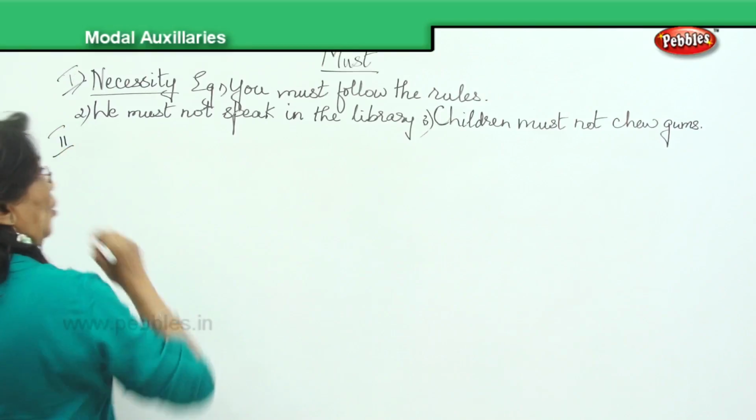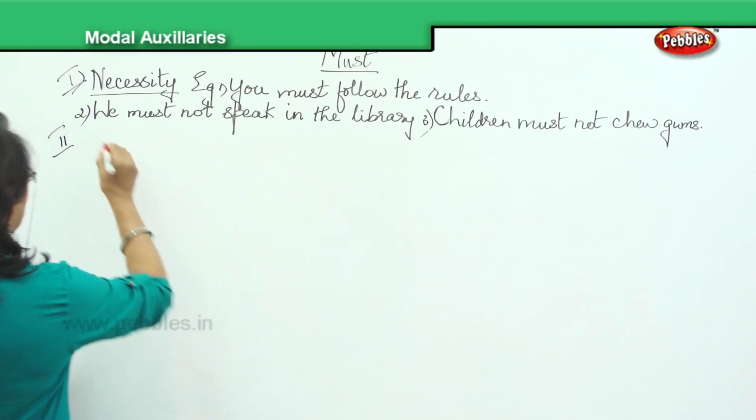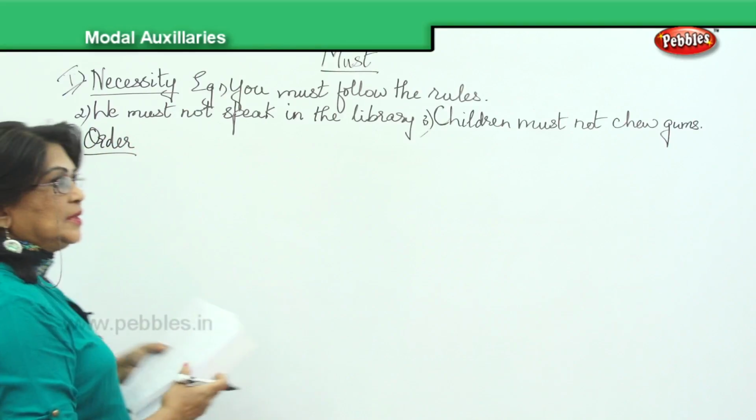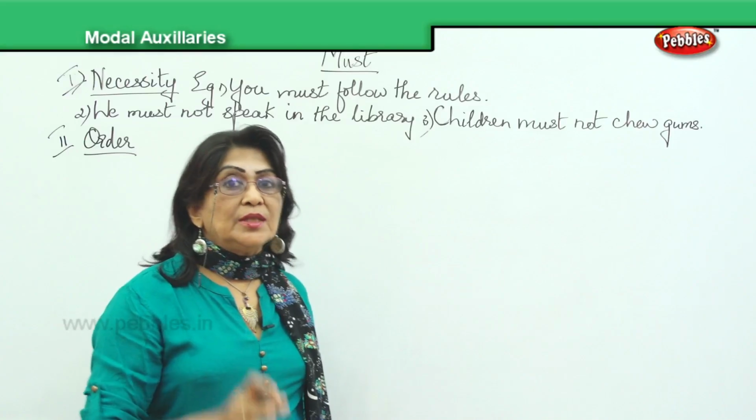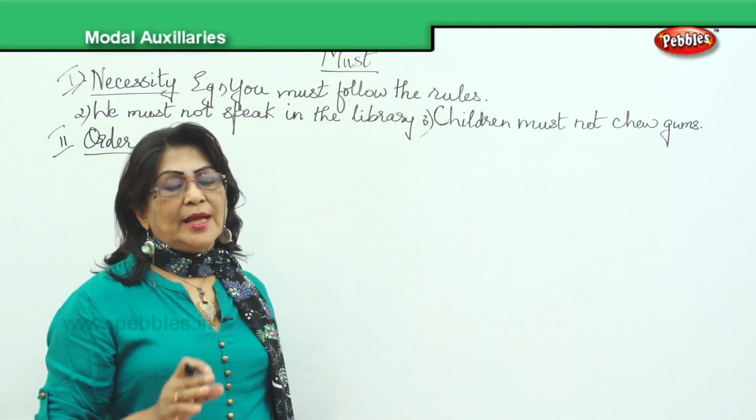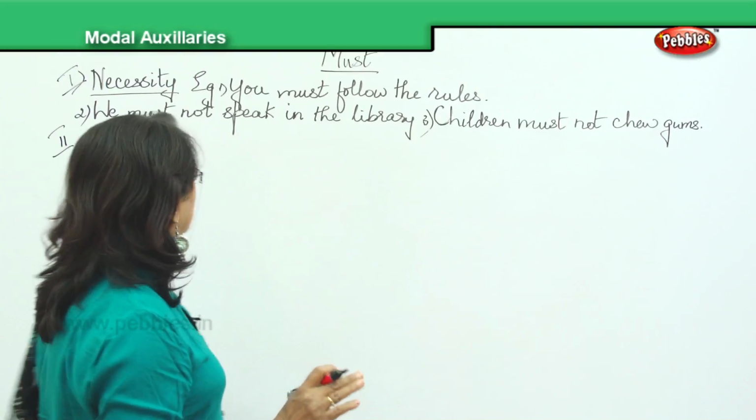You order, that is when we order someone, telling them you should do this, you should not do that, you must do this, you must not do that, it is an order. Okay?